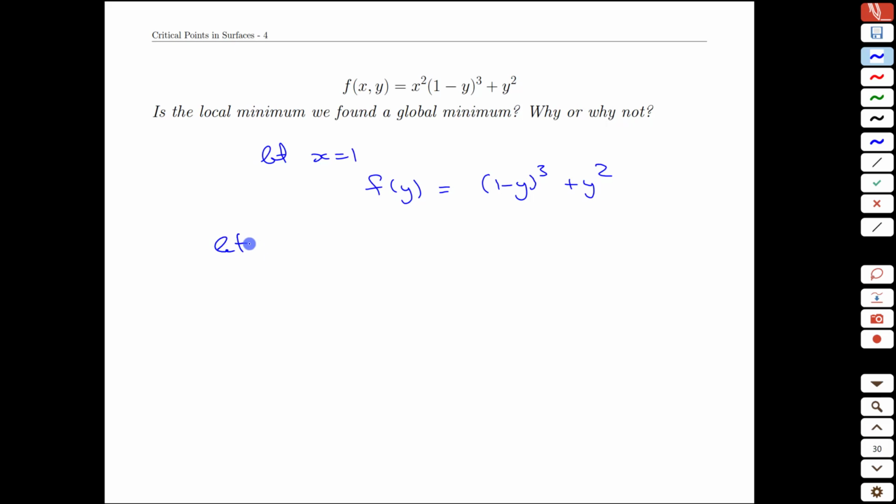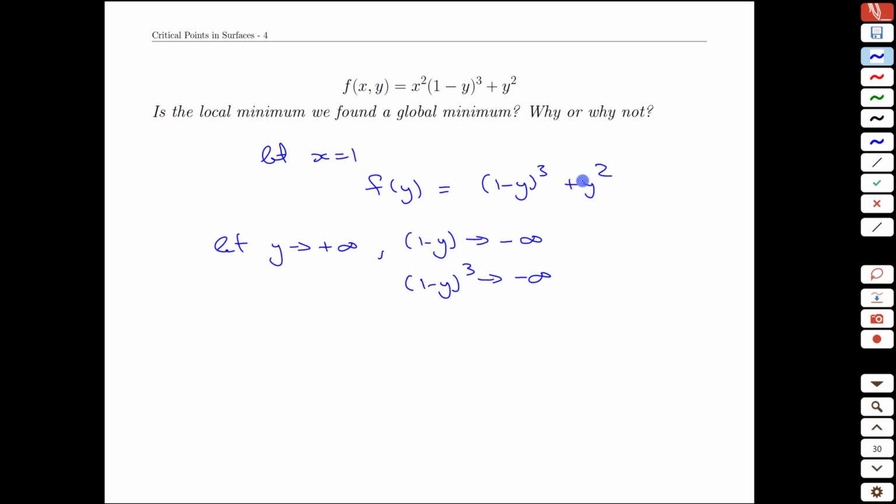And we can play our usual game looking for what this function does in the long run in certain directions. If we let y go towards positive infinity, then 1 minus y is going to go towards negative infinity because we're doing 1 minus that value. Well, that means the 1 minus y cubed is going to go towards negative infinity as well.